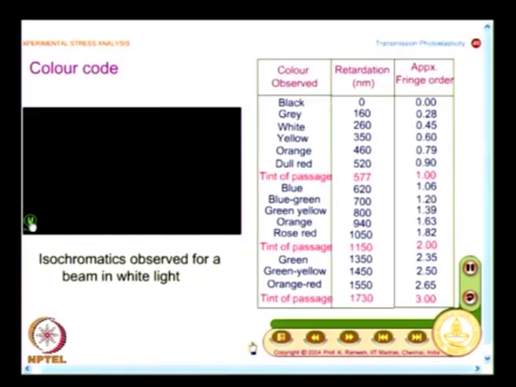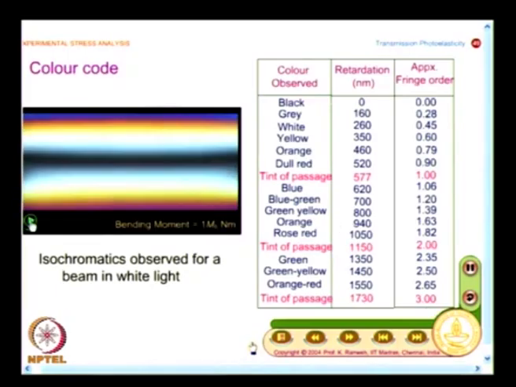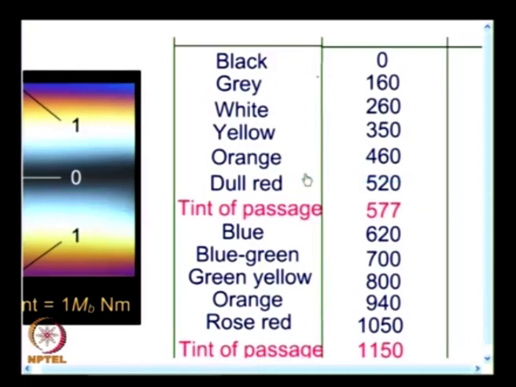So what I am going to do is, I am going to have the 0th fringe order, and then we will see closely some of these colors. So I have black, gray, white, yellow, orange, then dull red and tint of passage. You see here I have black, I have gray, and then I have white, I have a tinge of yellow, I see orange, I see dull red.